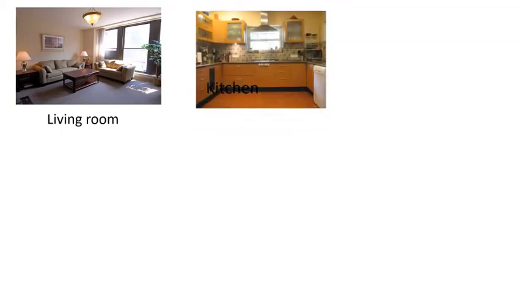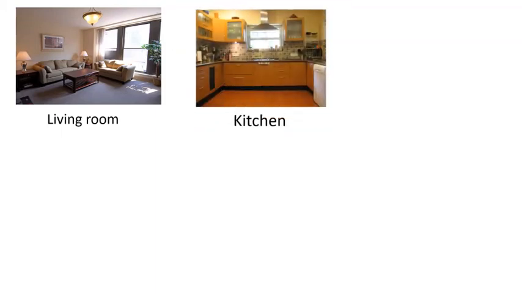Children, now where do we receive our guests in our house, children? Yes, in the living room, right? Yes, which is also called the drawing room. Now, where does our Amma cook food, children? Yes, in the kitchen. And where do we sleep and take rest, children?